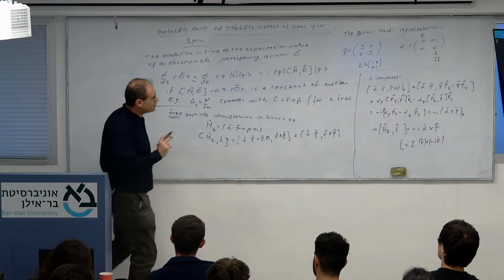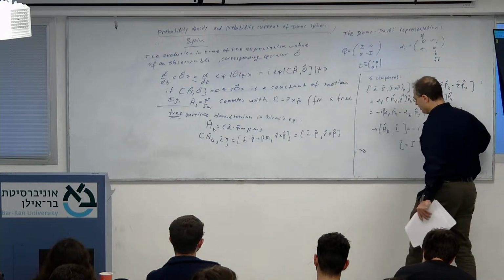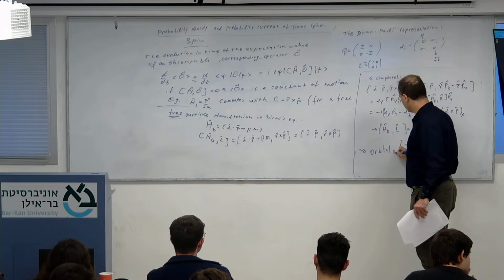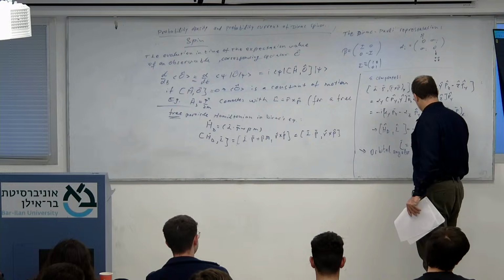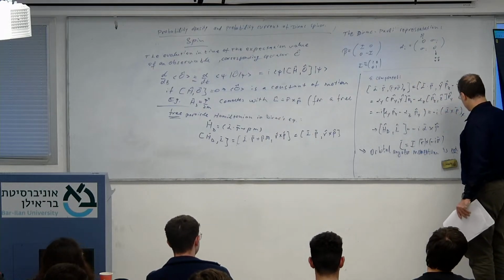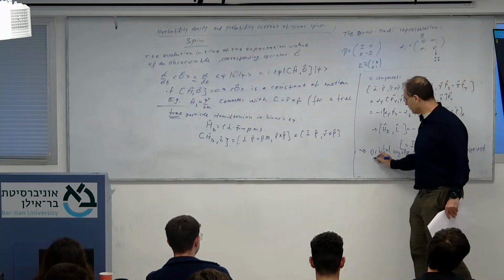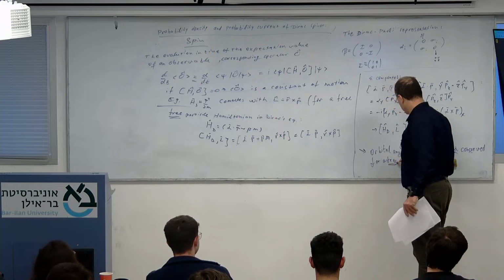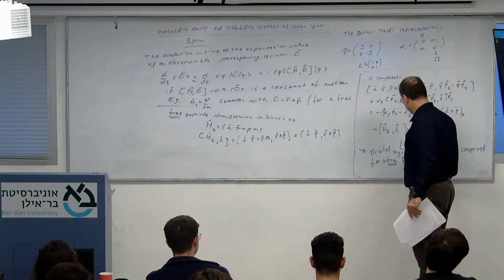Again, we just showed that the orbital angular momentum is not conserved for a free Dirac particle.